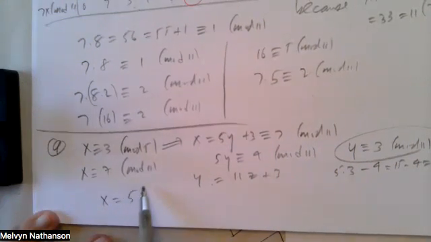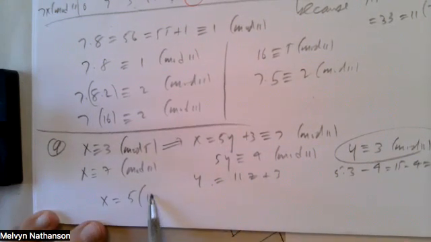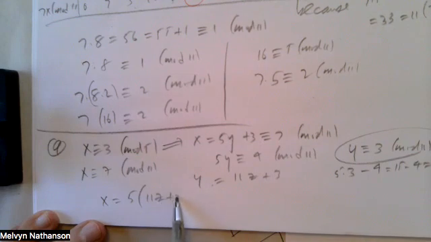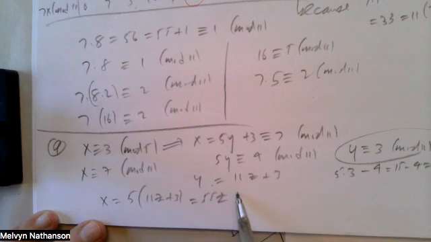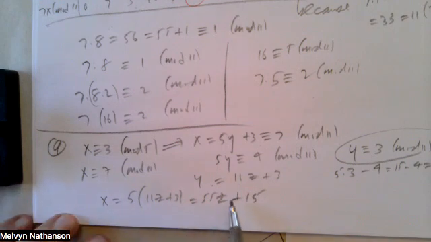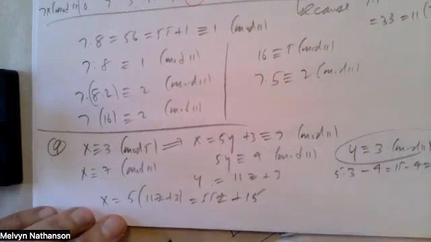So x is 5 times y, 11z plus 3, which is 55z plus... 11z, sorry. x is 5y plus 3.